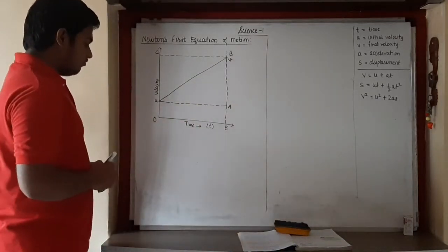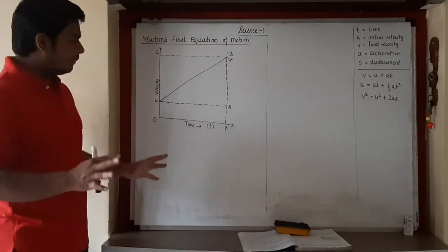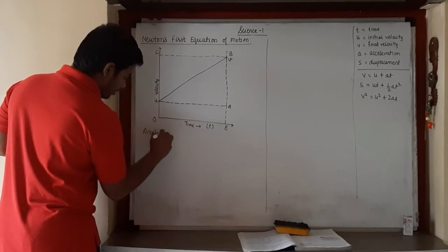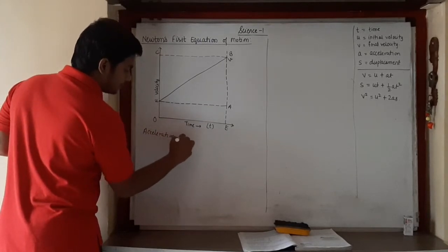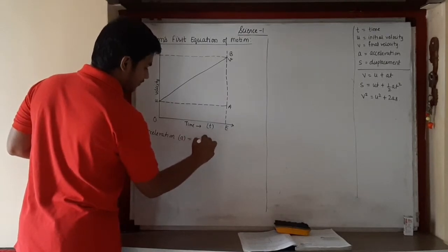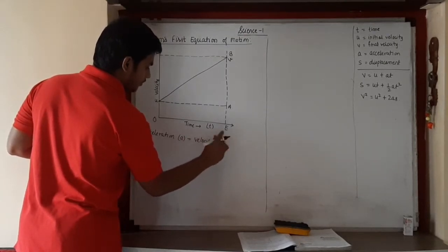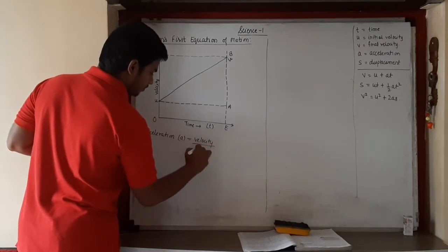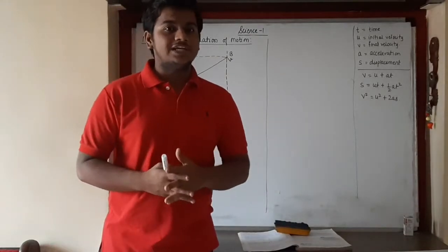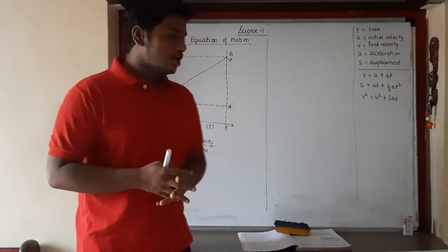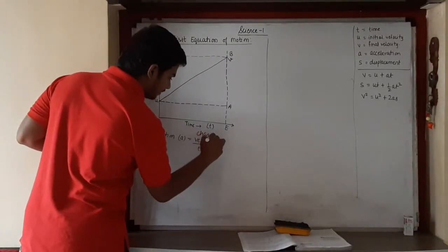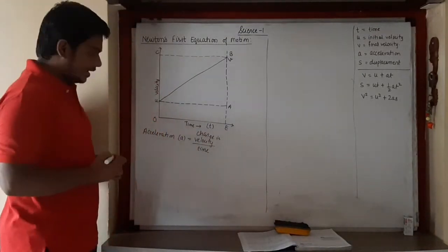Okay. So for the first equation, we will start with a very basic thing, that is the formula of acceleration. We all know that acceleration, which is denoted by A, is basically velocity upon time. But when you have two different velocities at the starting and at the end of a motion, we can say that acceleration is change in velocity divided by time.